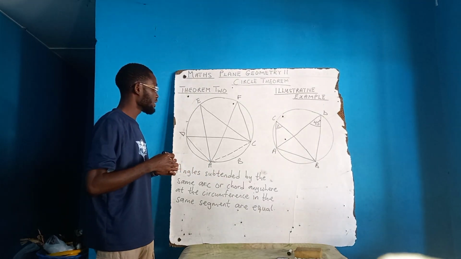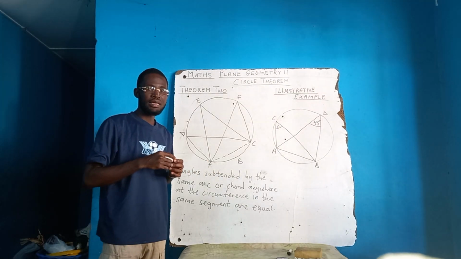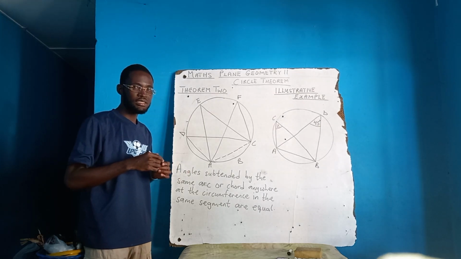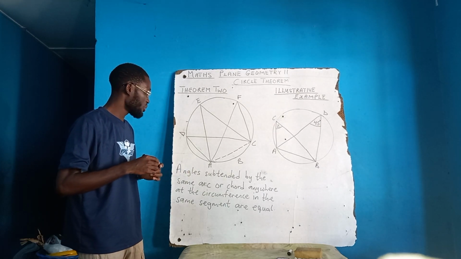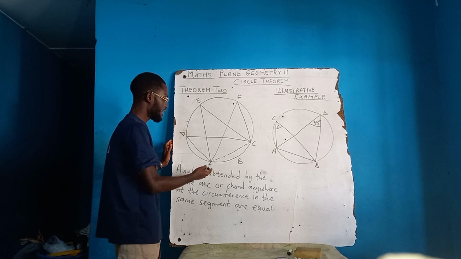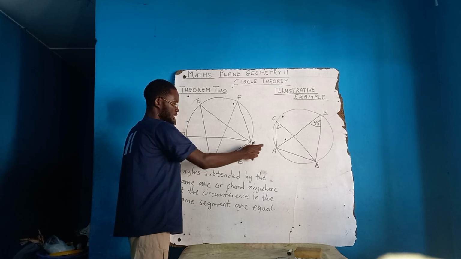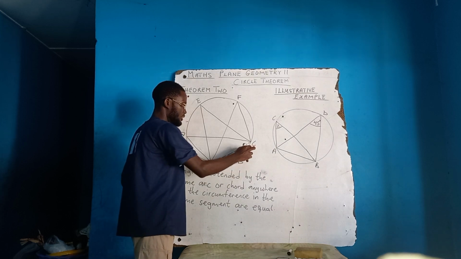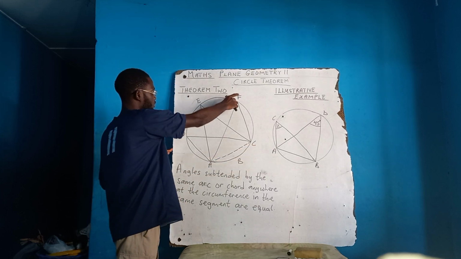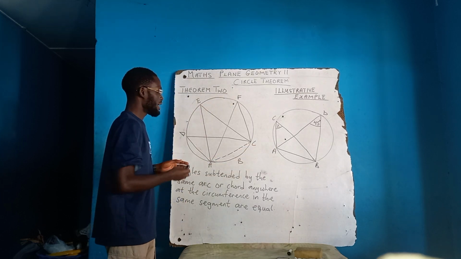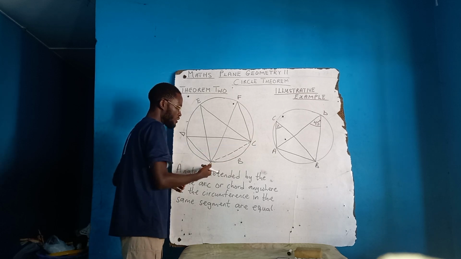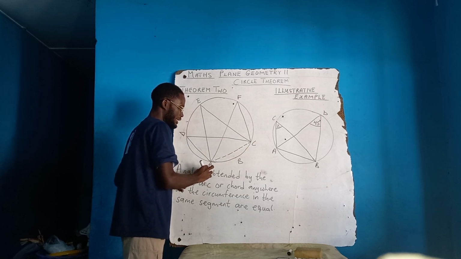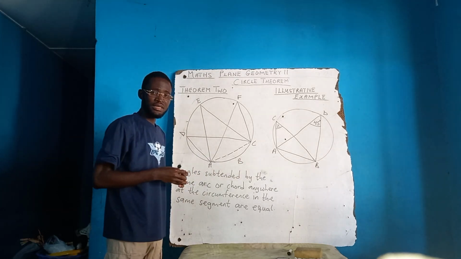So we'll look at what really is the meaning of this theorem. What this implies is that if we have chord AC, or we are talking about arc ABC, we are interested in the angles at the circumference that have their foundations on either chord AC or arc ABC. I trust you get that.